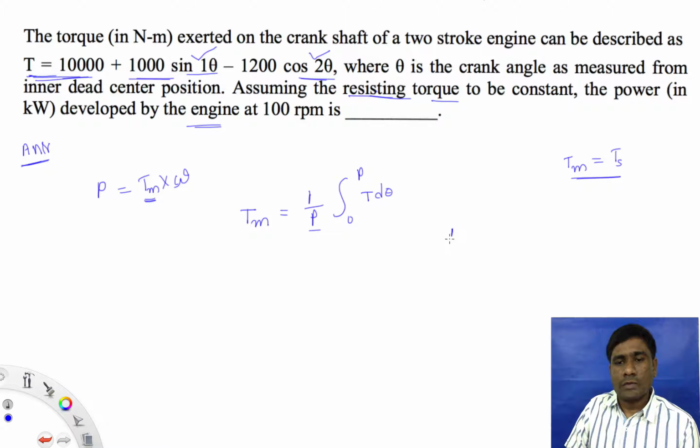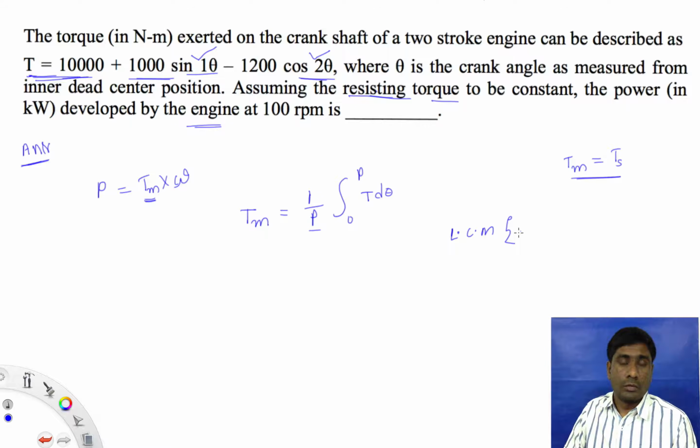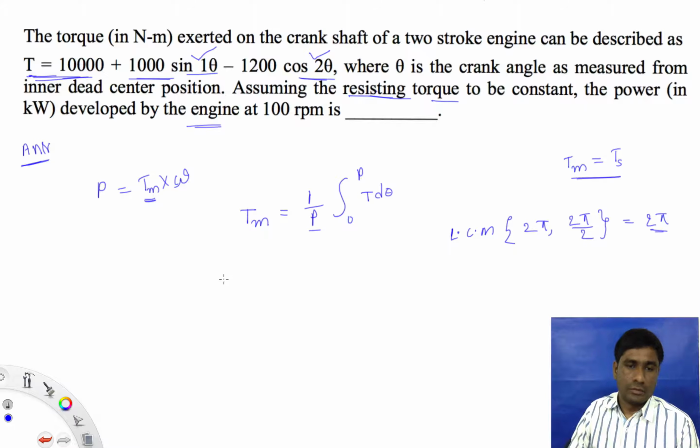So we take the LCM of the period of sine theta and the period of cos 2 theta. The period of sine theta is 2 pi, and the period of cos 2 theta is 2 pi by 2. We have already seen in the previous session how to calculate periods. So the LCM is 2 pi, and the period of the given function is 2 pi.